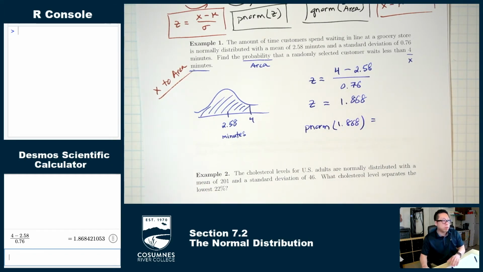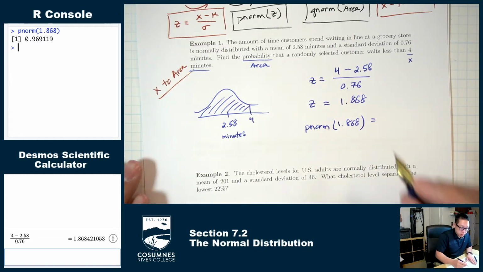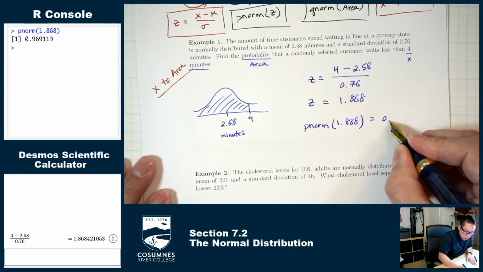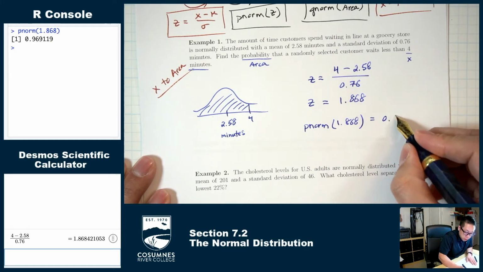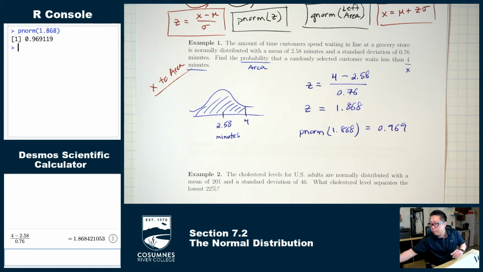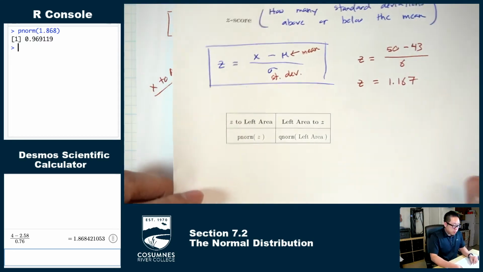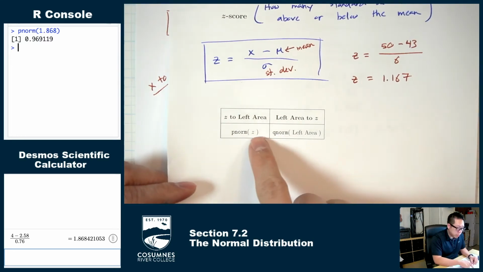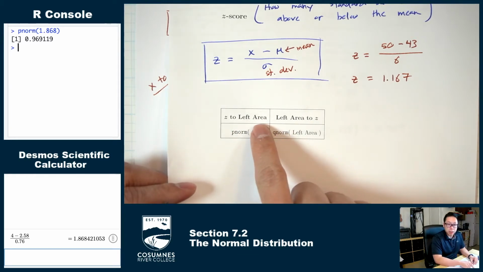Okay, so in R, we're going to do pnorm of 1.868. Round this one to 3 decimal places also: 0.969. Okay, and then you have to think. The way R works is you feed it a z and it spits out the left area.